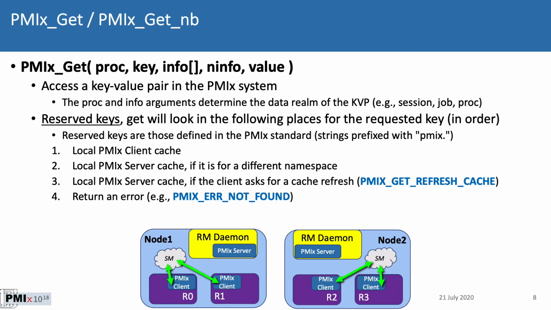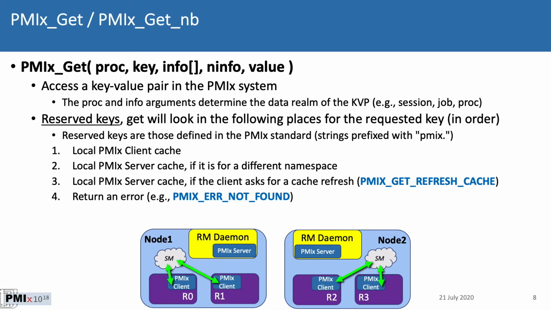Finally, PMIx get. The PMIx get operation is the means by which you access key value pairs in PMIx. The proc and info arguments determine which data realm that we talked about earlier you're accessing the data from.